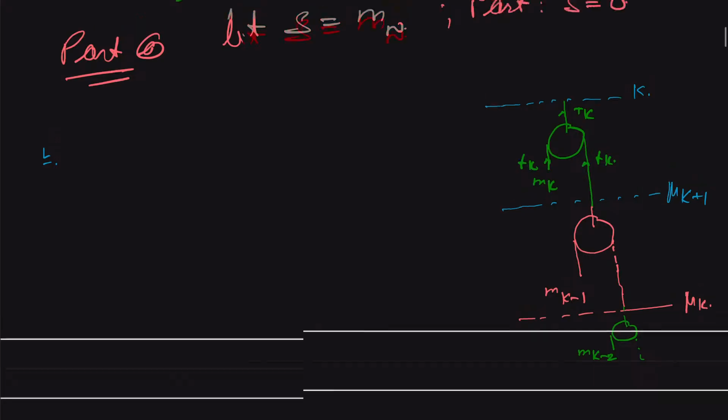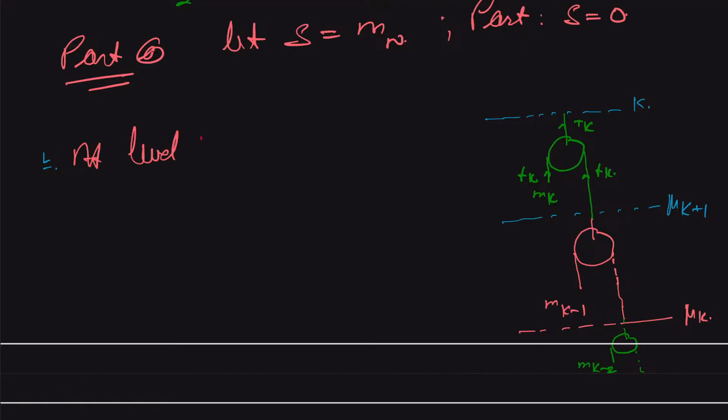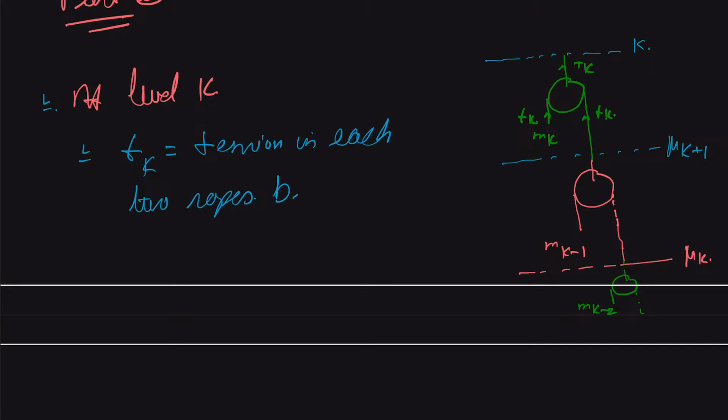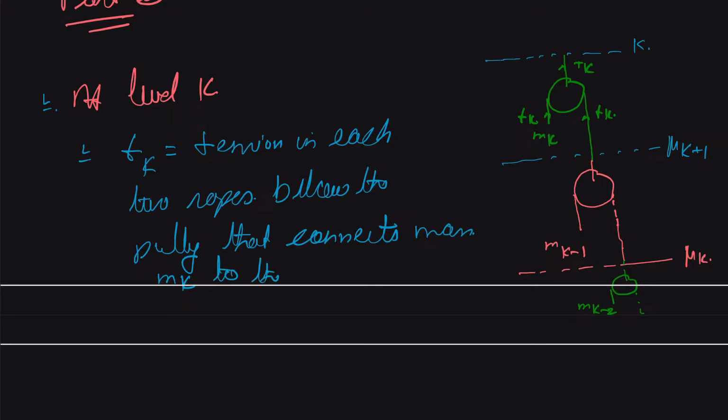So let us say that at level k, we are having T of k as our tension in each of the two ropes below the pulley, with a pulley that connects mass M of k to the subtree mu k plus 1.